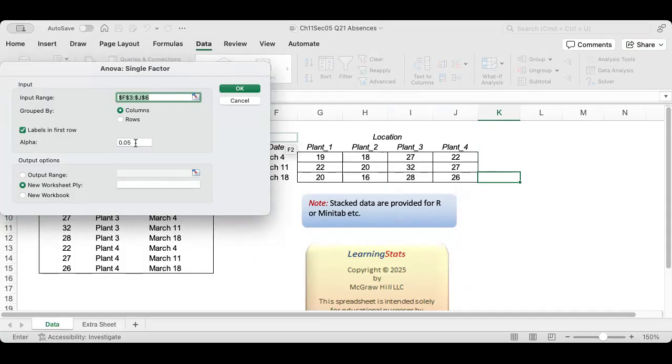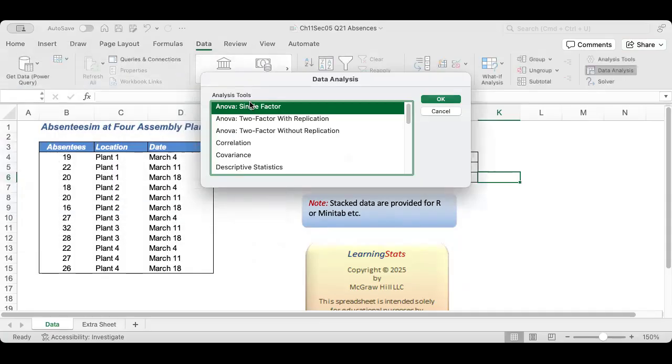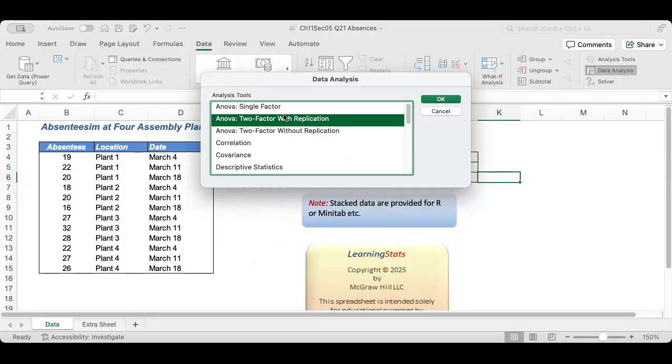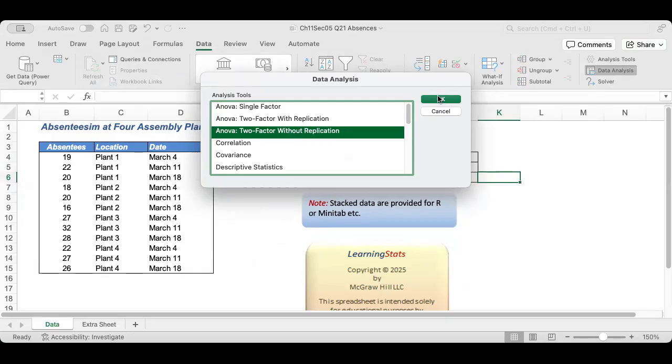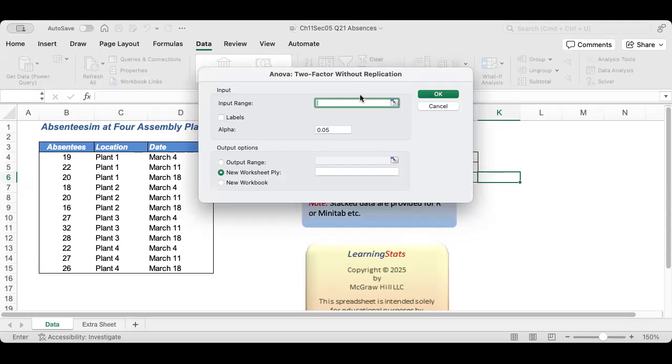Oh, wait a second, that's not right, because I shouldn't be doing a single factor. I should be doing two factors. Notice they give me the option with or without replication. There's only one data value per treatment. That's without replication.